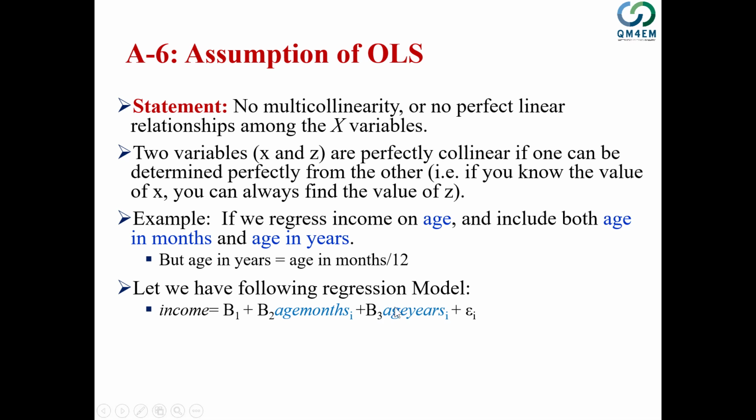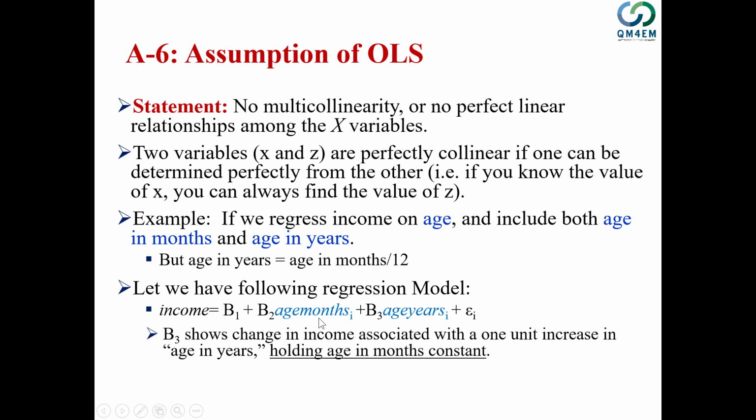So a 1 unit increase in age is age increasing by 1 year. What happens to income? That's B3, but keeping age in months constant. But the question is, is it possible to increase age by 1 year while keeping age in months constant? Technically, it's not possible. So let me demonstrate how this will break down the OLS method.